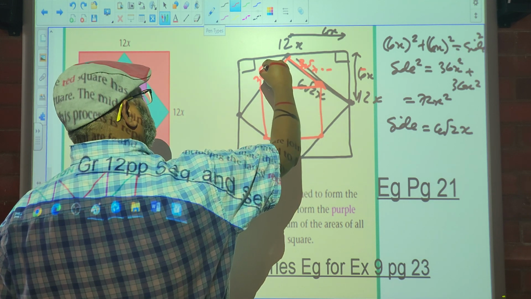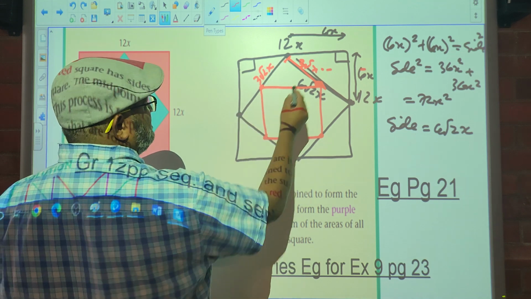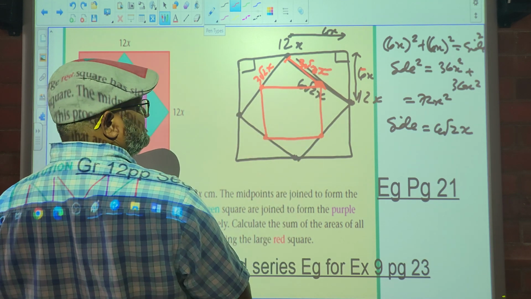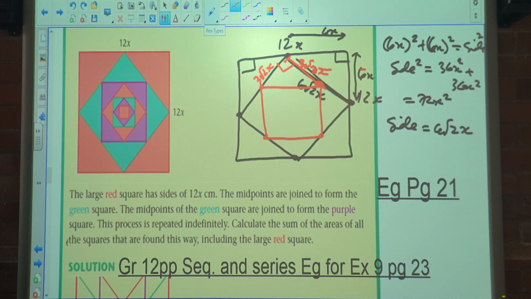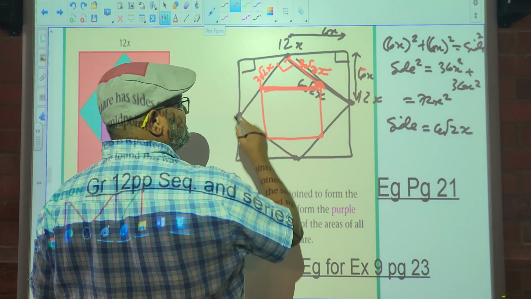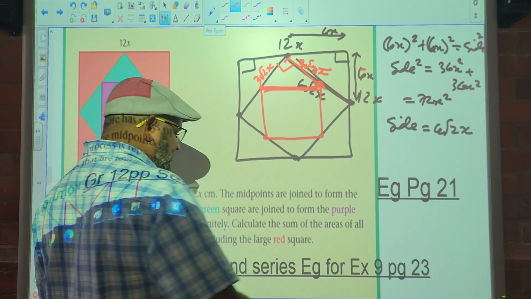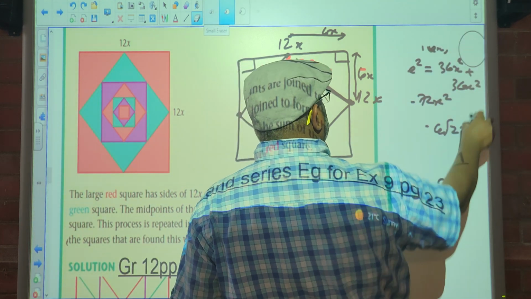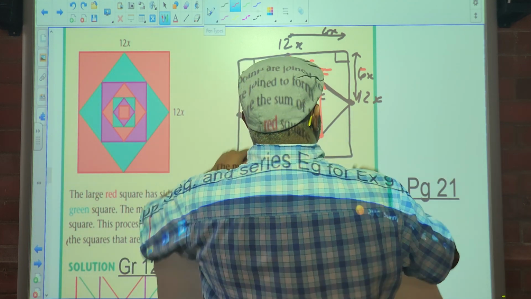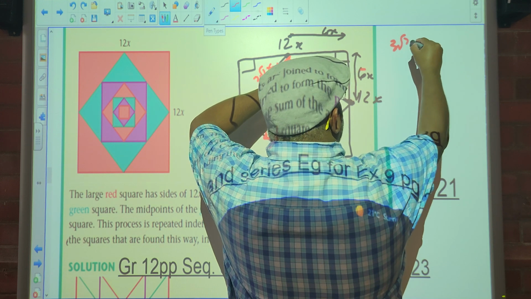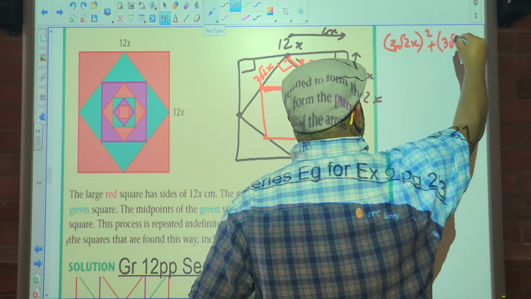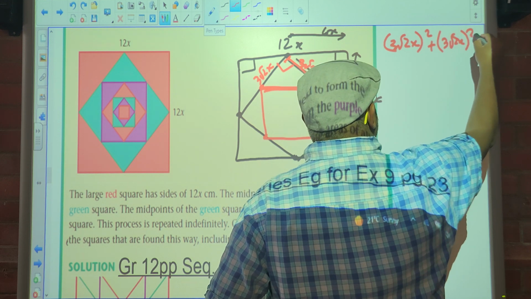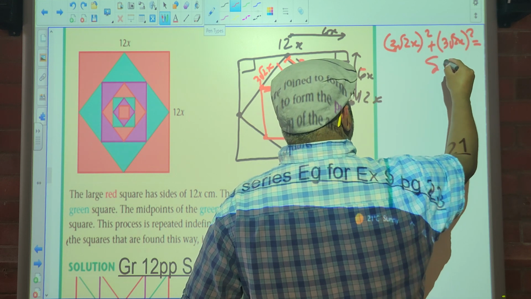That's also 3 root 2x. And of course, it's a square, so that's 90 degrees again. So I'm going to work out this length. Same, Pythagoras again. So it's going to be 3 root 2x squared plus 3 root 2x squared equals side squared.